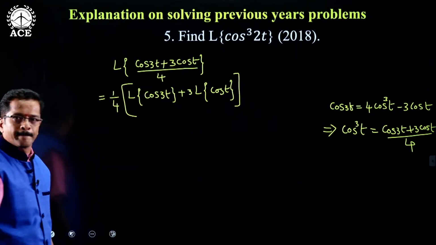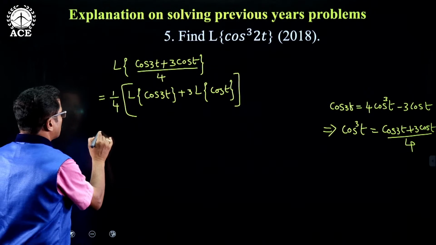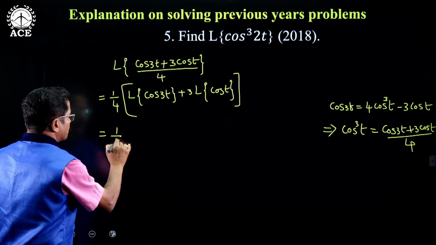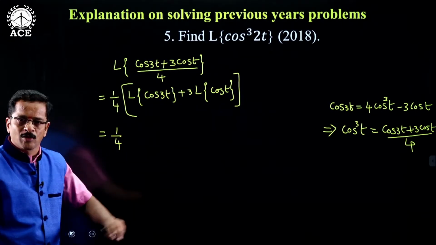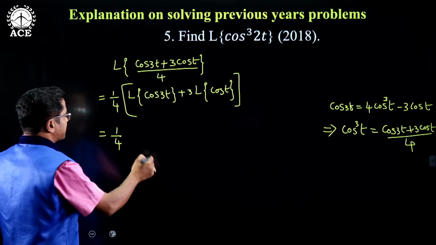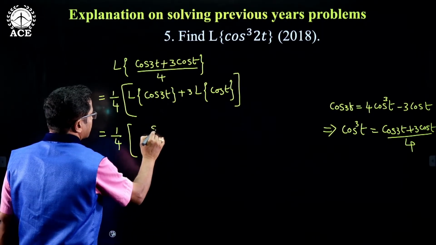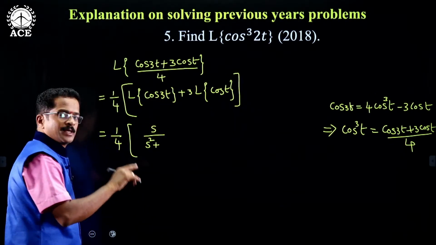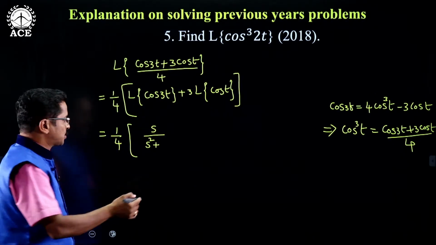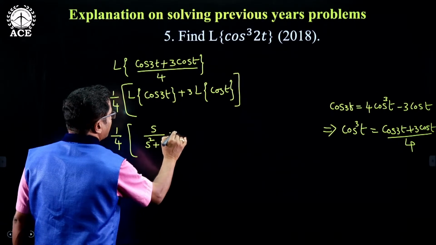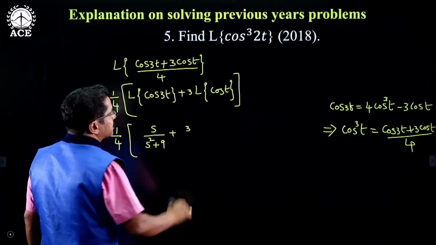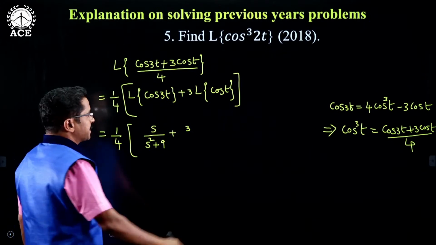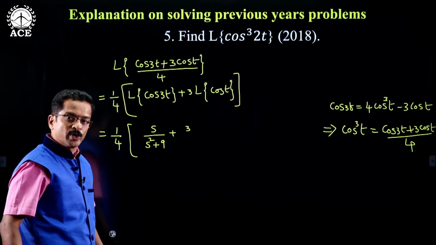Okay. Right. So which is equal to 1 by 4 into L of cos 3t, again the cos at form, that is s by s square plus a square. In the place of a we have 3, square is going to be 9, plus 3 into L of cos t, that is in the place of a we have 1, cos 1t.